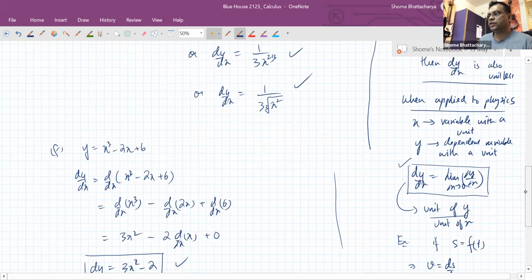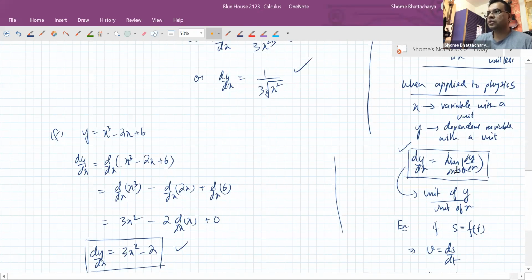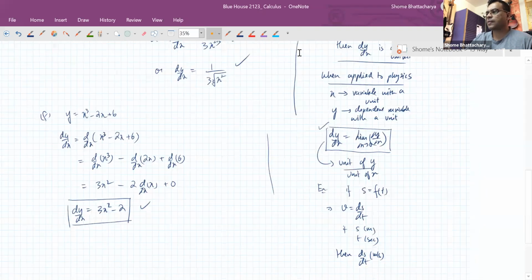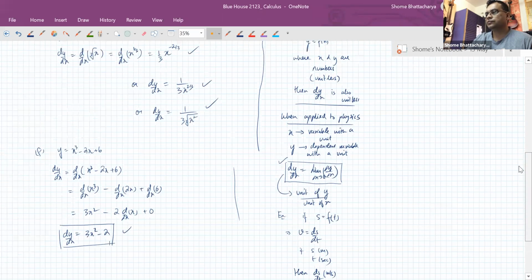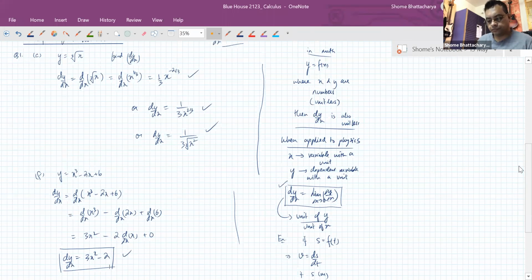So hope these two examples are clear to all of you. Yes. Yeah. Just minimize it, go through it once. Okay, anybody has a doubt in the second question?